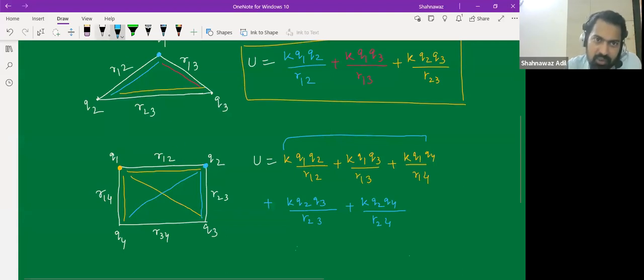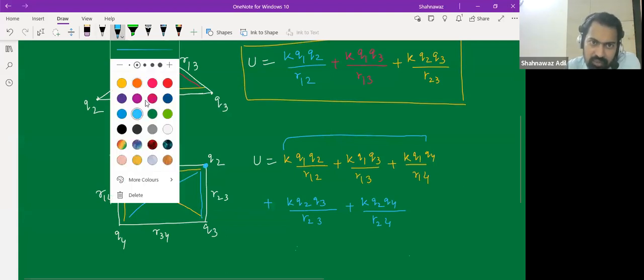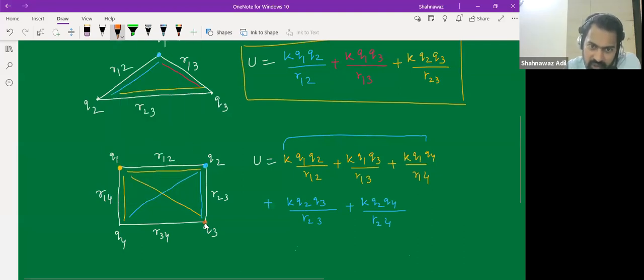Now let us choose the next one, which is this one, Q3. So this I have counted, right? And this I have counted, so remaining is this one. Only this one is remaining, right? So this would be how much? This would be KQ3Q4 divided by R2.